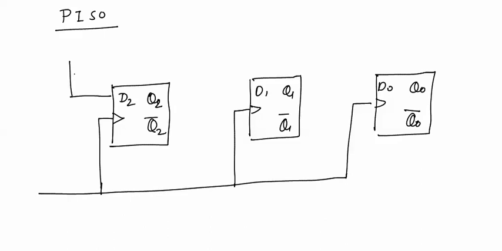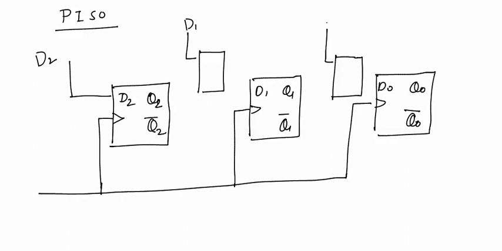Now this will be input bit D2, and this will be input bit D1, and this will be input bit D0.